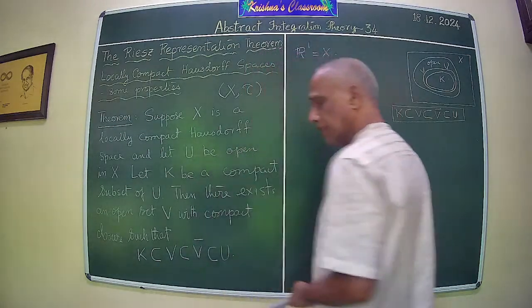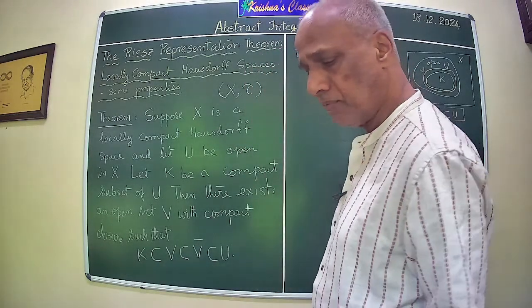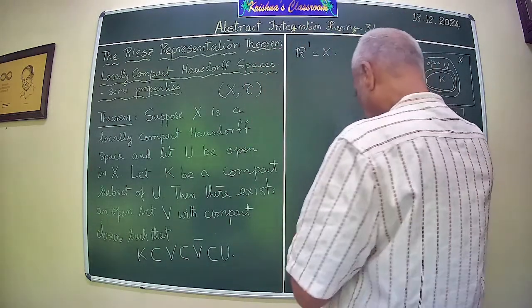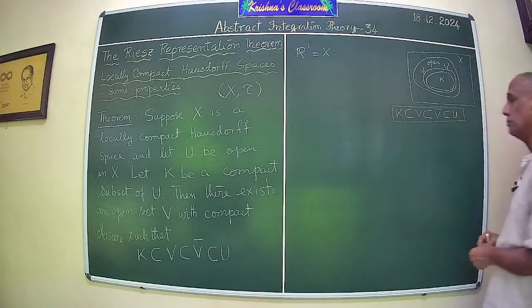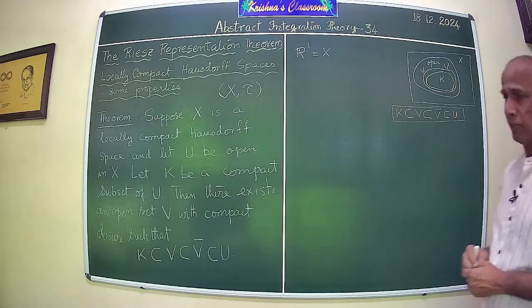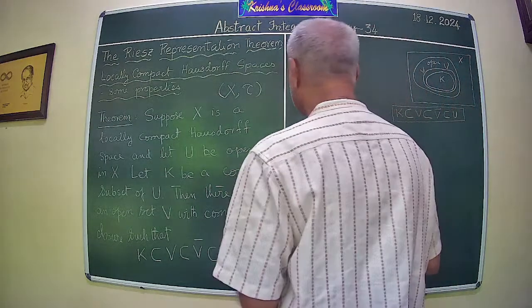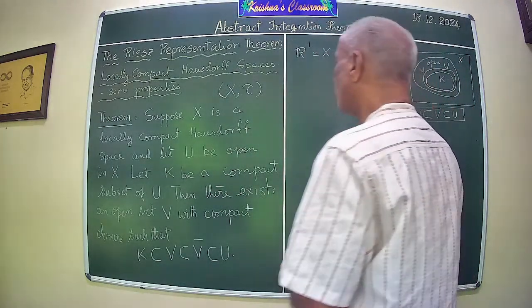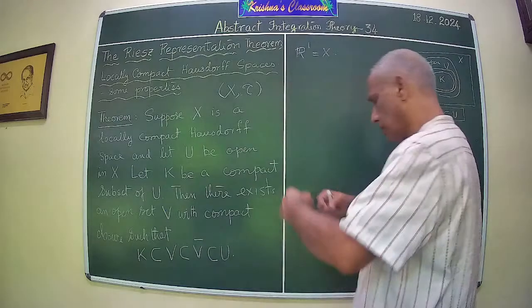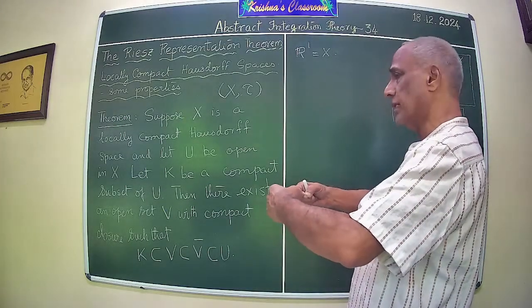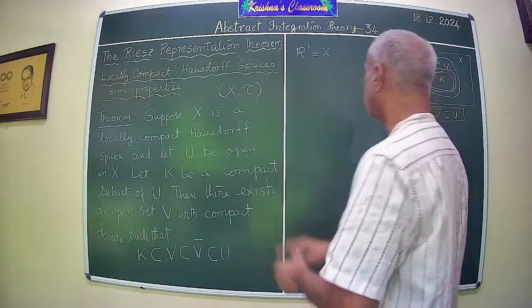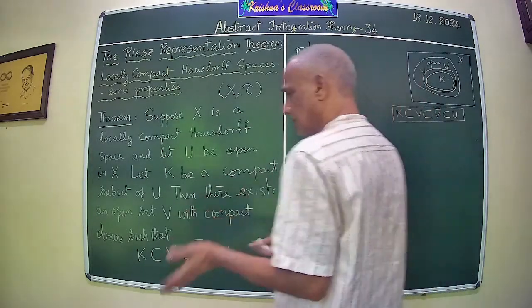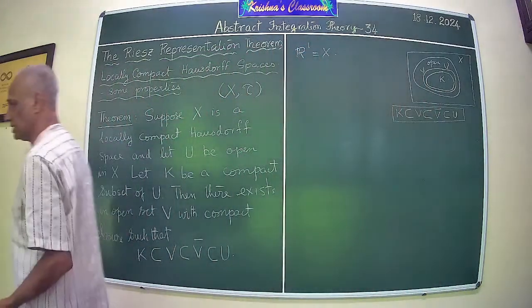Locally compact Hausdorff space means every point has a neighborhood whose closure is compact. That is what we mean by locally compact. Then Hausdorff space means given two distinct points in the space, you can separate them using open sets. So R1 is an example. For instance, Rn has this property.